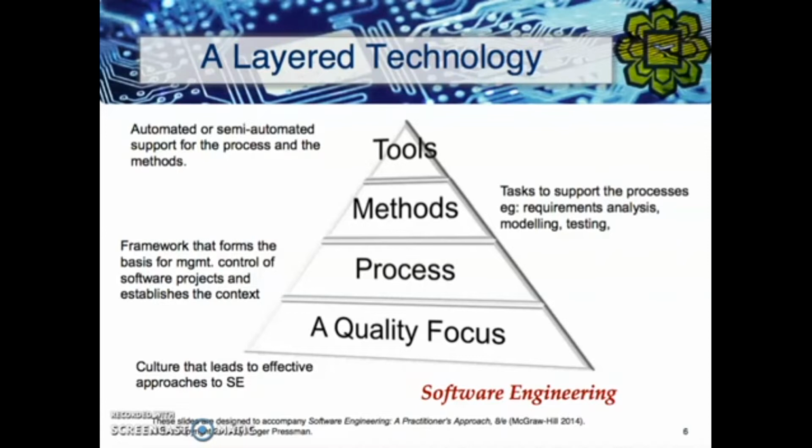And there must be proper methods as well, which comprise tasks to support the processes, for example requirements analysis, modeling tasks and testing tasks. And of course, we need tools, whether automated or semi-automated, because they will support the methods and processes used in a software engineering or software development project.